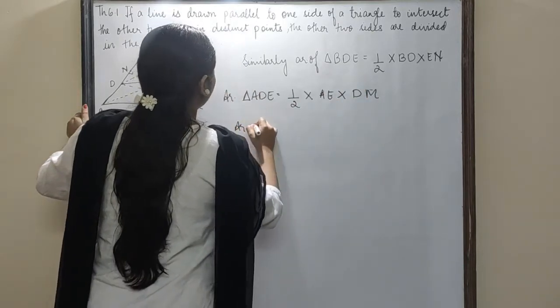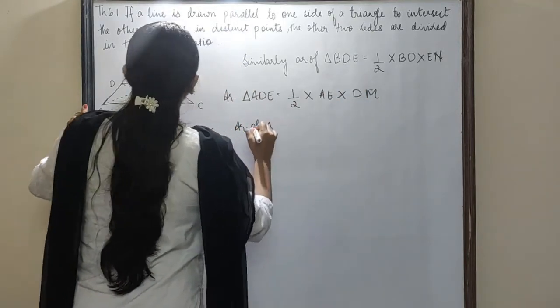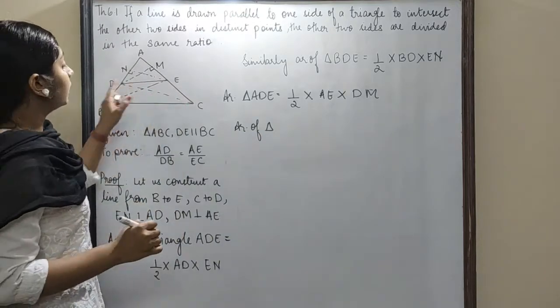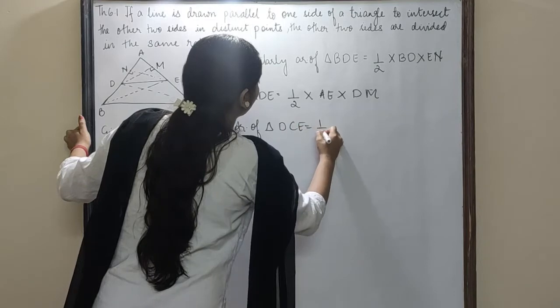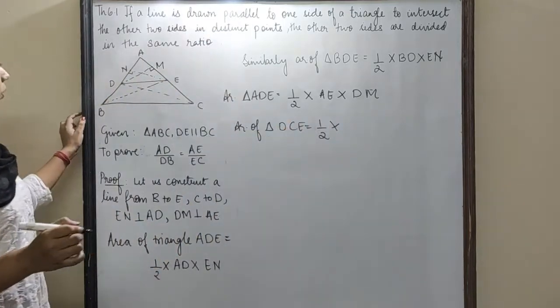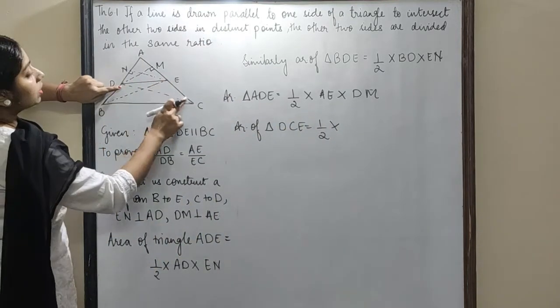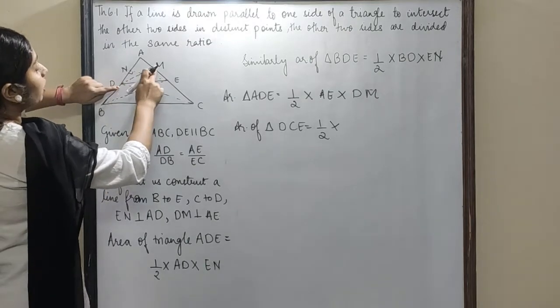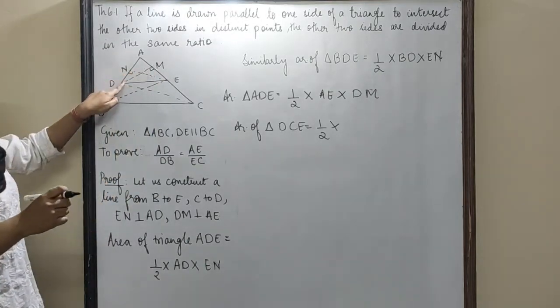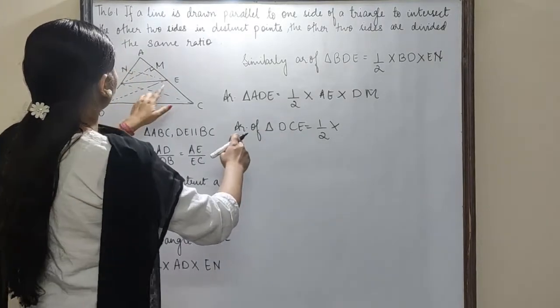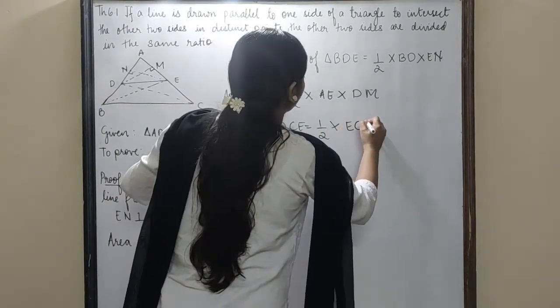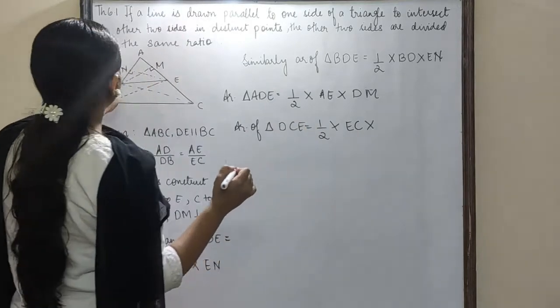Also, area of triangle DCE, area of triangle DCE is equals to half into, you can see over here, children, if this is the triangle and this is the perpendicular dropped, that means this is the particular height. So area of triangle DCE is equals to half into base EC into height, how much, children?